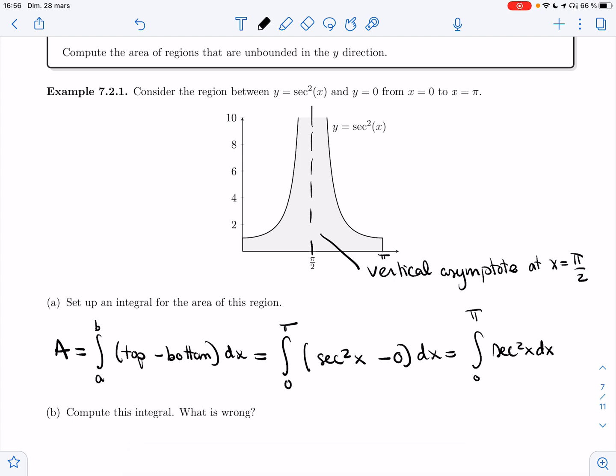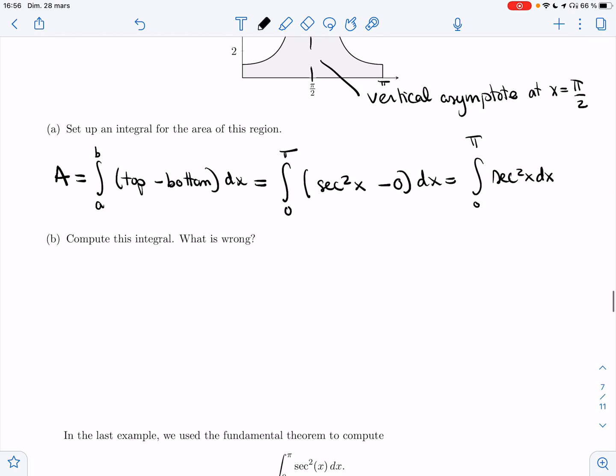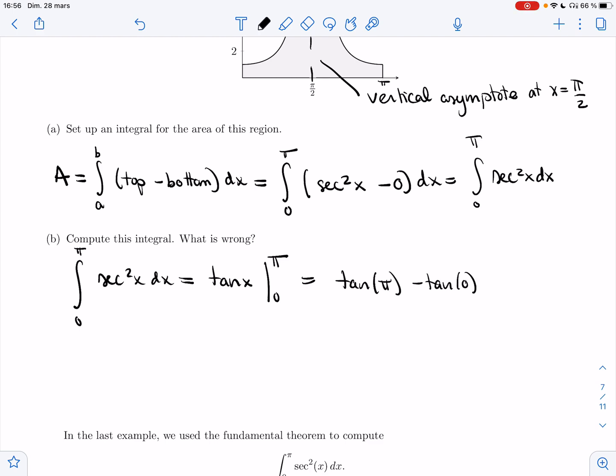All right, let's compute this integral. Question is, what is wrong? Let's see. So if I try to compute this, 0 to pi, secant squared of x dx. Antiderivative for secant squared, it's tan of x. I get tan of pi minus tan of 0.